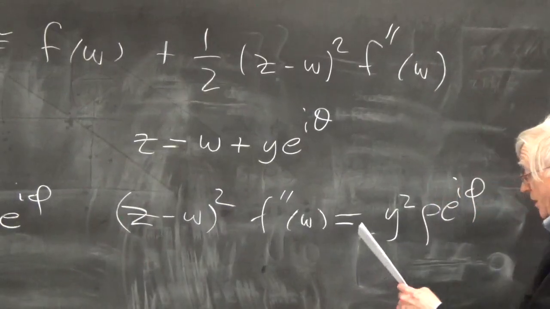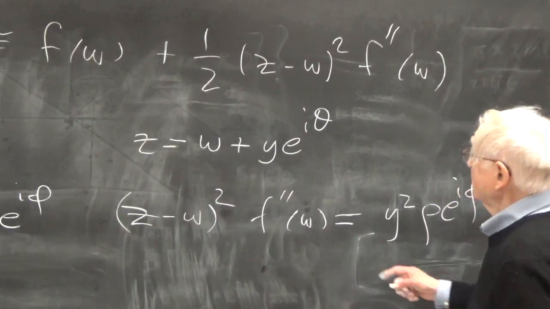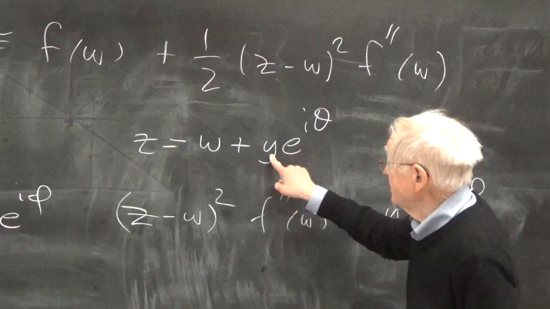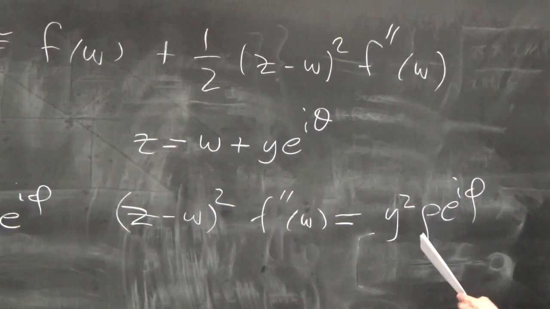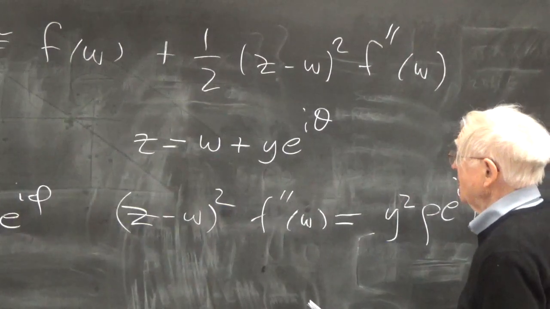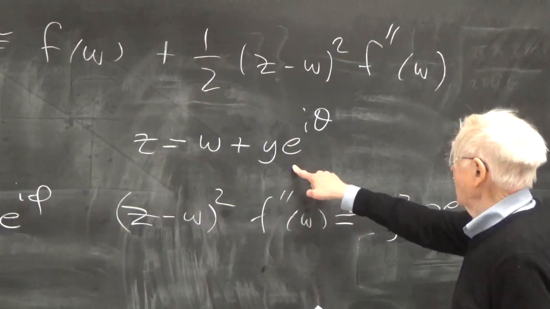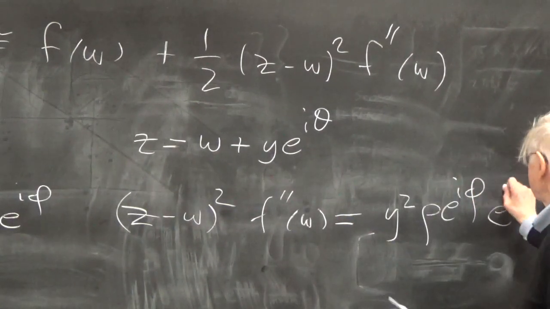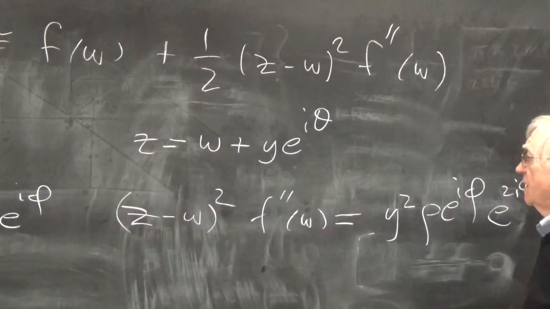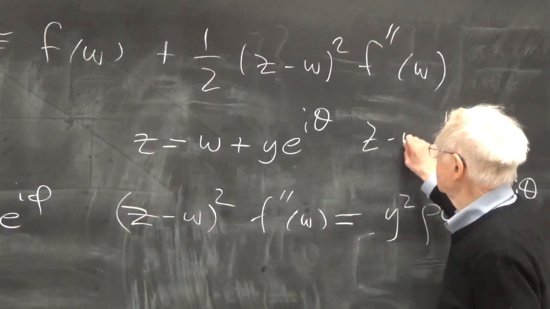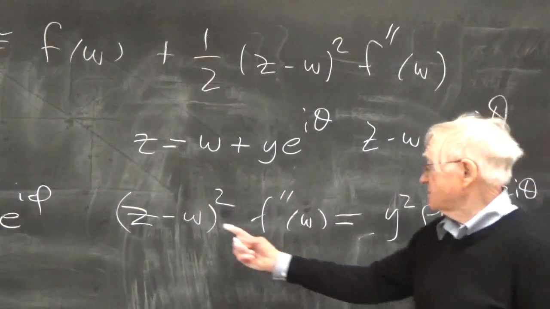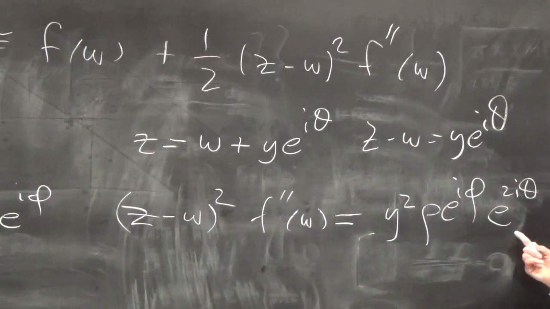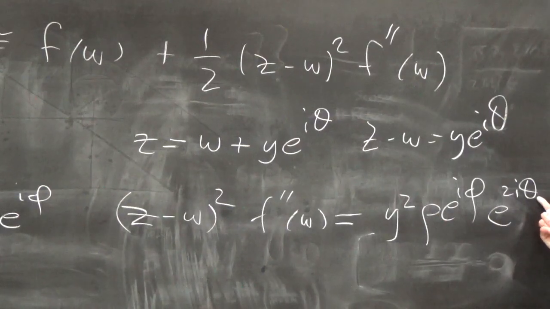And Z minus W is Y e to the I theta, so Z minus W squared is Y squared e to the 2I theta.